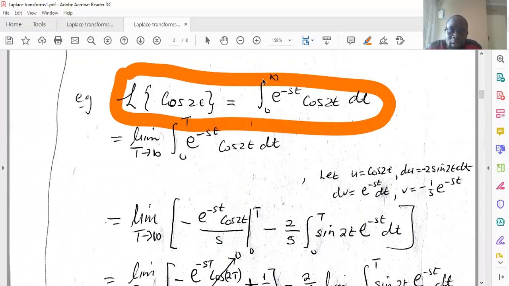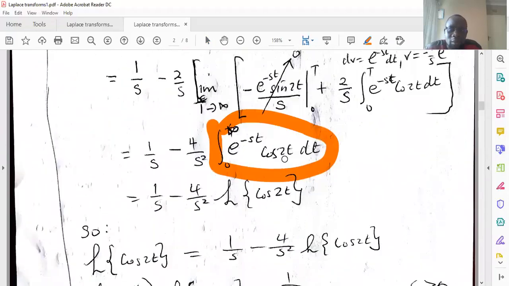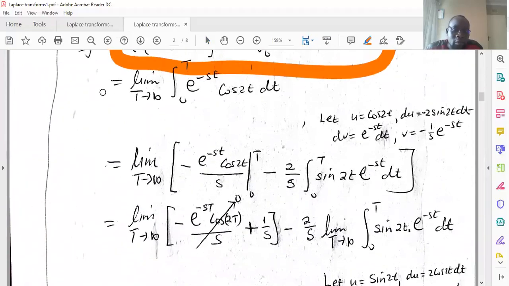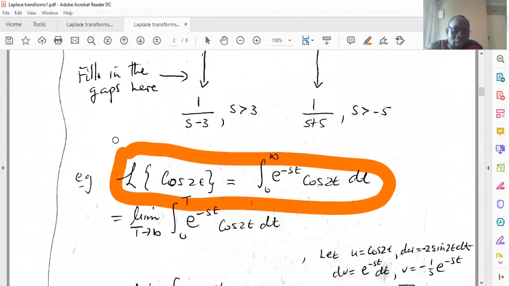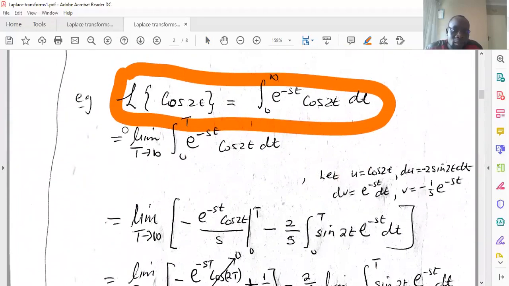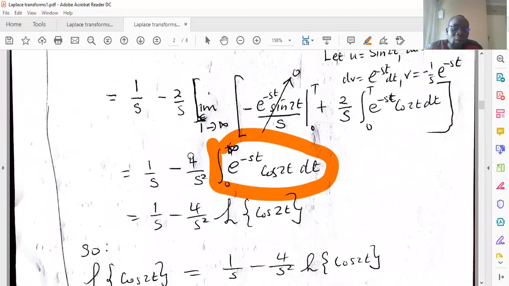So I will replace this right-hand side by just the left-hand side. So from here, I can just come and replace this by the Laplace transform. So what do I have? My equation, remember, it started here. This is the left-hand side. And what I have here is the right-hand side.